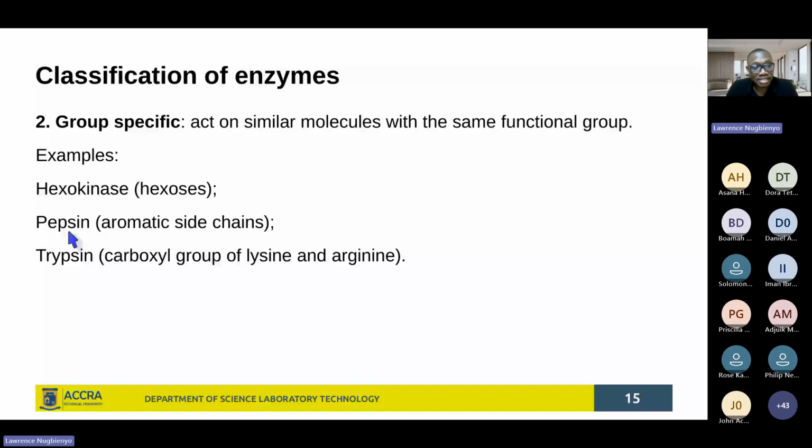So when you are studying these things, you have to be going back to the amino acid structure and look at it. Then you can easily compare, like for instance, lysine and arginine, and see the similarity between them. Because now we are saying group specificity. So what is common between these two that trypsin is recognizing them to be acting on?